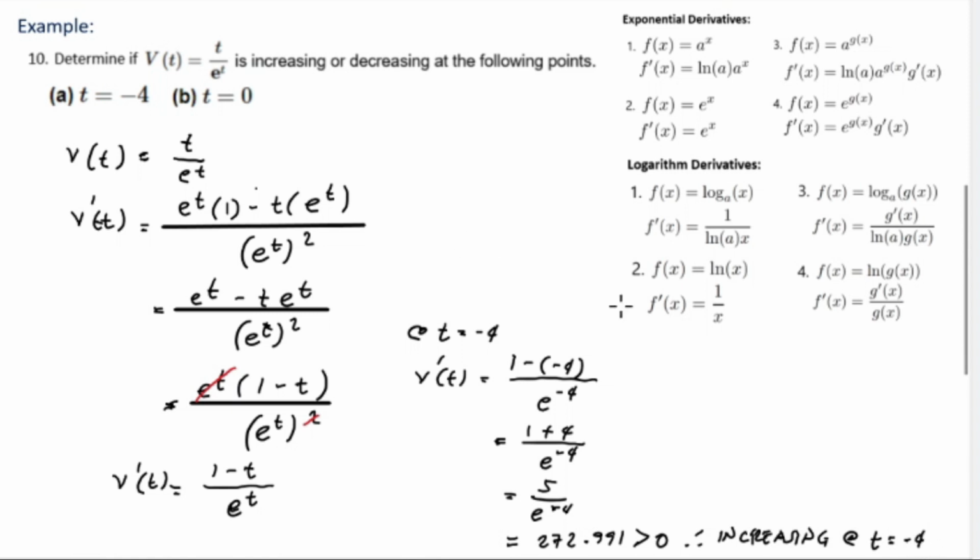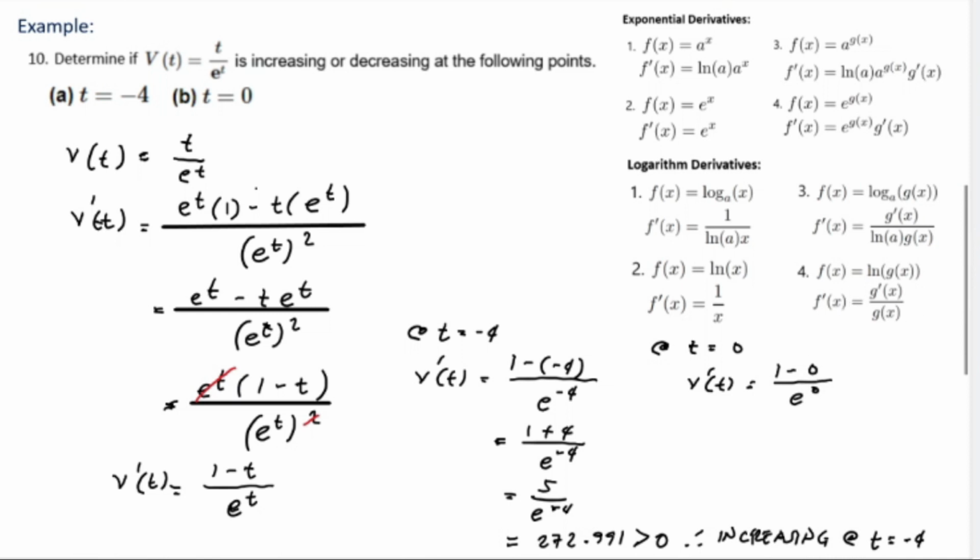What about at t equal to 0? Same thing: v of t prime, substituting 0 for t. So 1 minus 0 all over e to the 0.